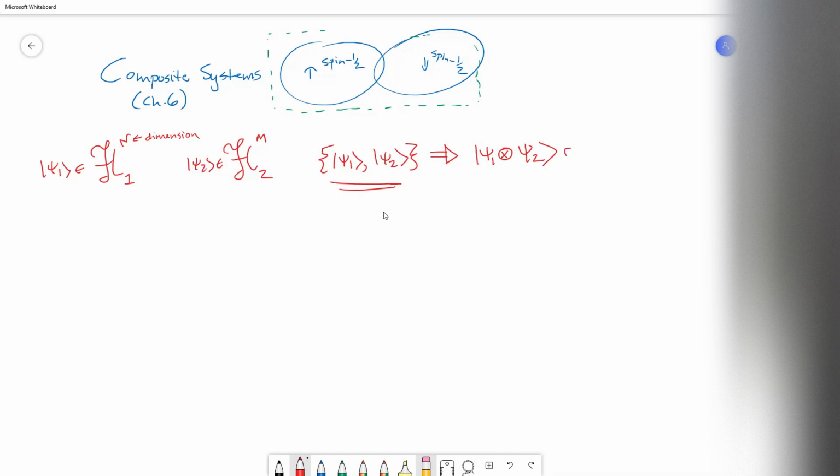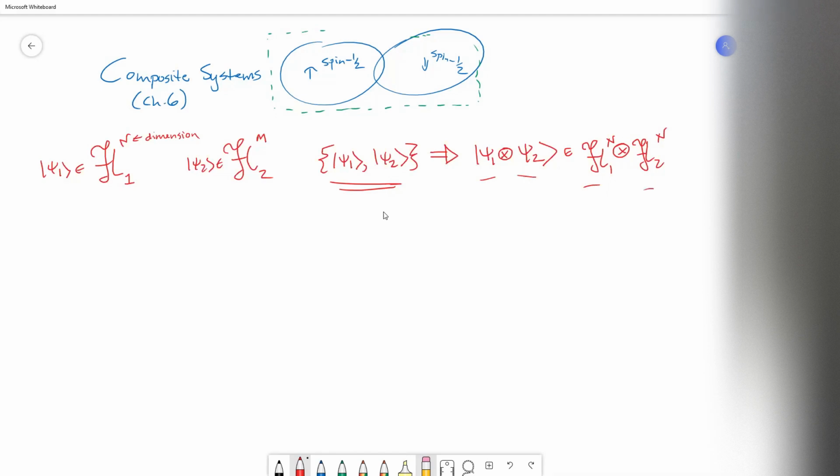And this now lives in a tensor product space, which is a combination of the first Hilbert space and the second one. But it's nothing out of the ordinary. You're just specifying which vector you're in for the first space and which vector you're in for the second one.